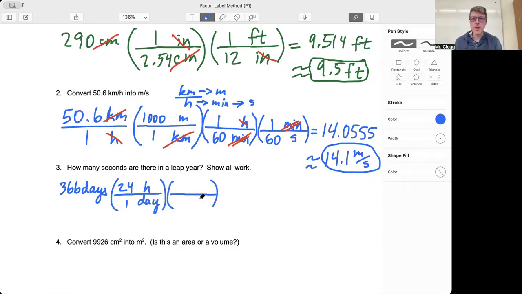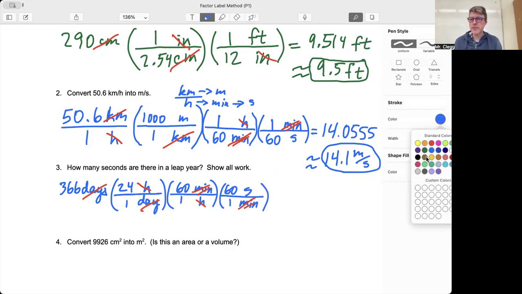Then we'll go hours to minutes, 60 and 1. And then we'll go from minutes to seconds. So that's another 60. Let's go ahead and cancel out our units. We canceled out days, we canceled out hours, cancel out minutes. And we'll pick up the calculator and get an answer.